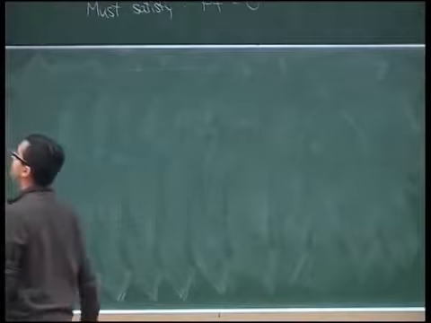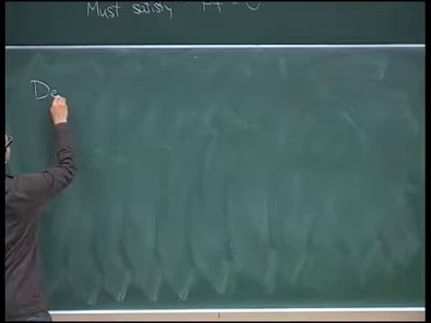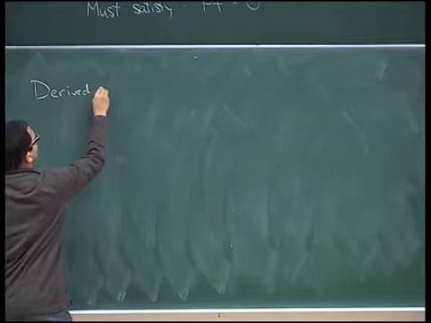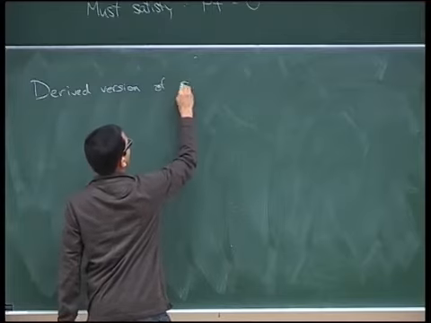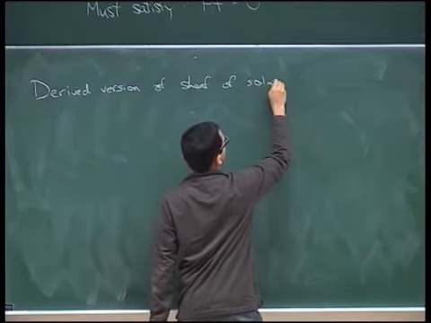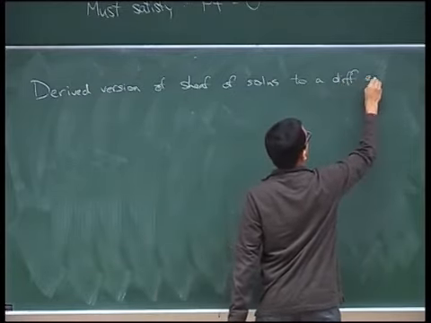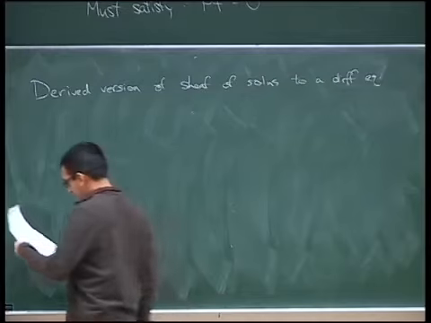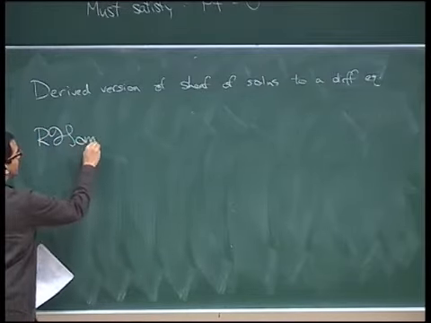So we're going to replace that Hom by an R Hom. So here's the derived version of the sheaf of solutions to a differential equation. We're going to take R Hom, and it's going to be sheaf R Hom.